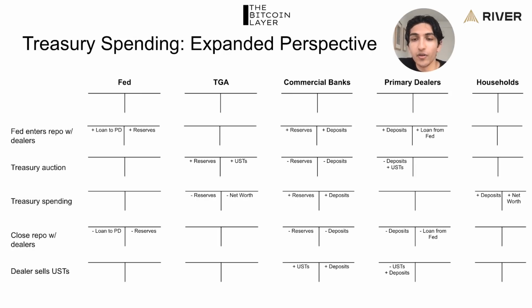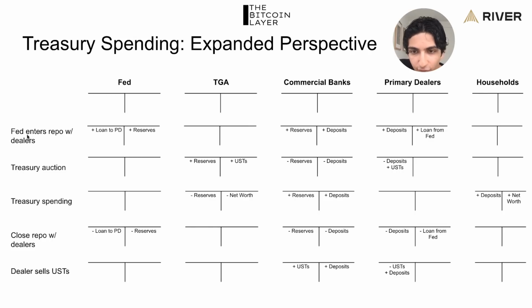So we can walk through this multi-step process, and I think it's just interesting to see how this takes place. So the first thing, in this world, there's no reserves in the private sector's hands yet. So the Treasury general account will have to first allow the reserves to be created. The Fed will have to create those reserves, and then those reserves can move into the Treasury general account.